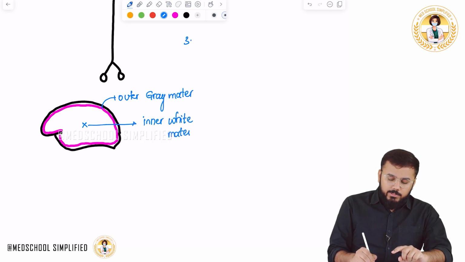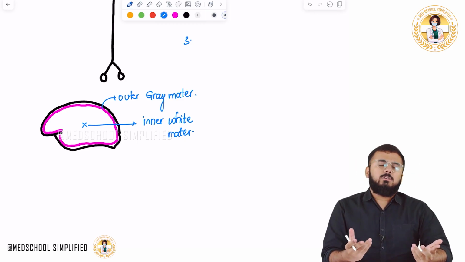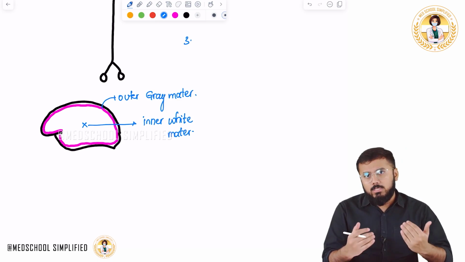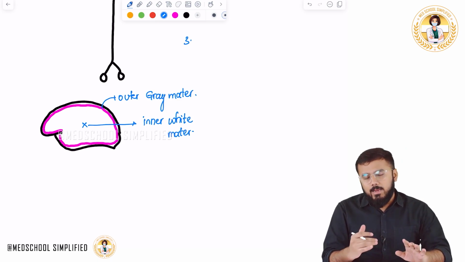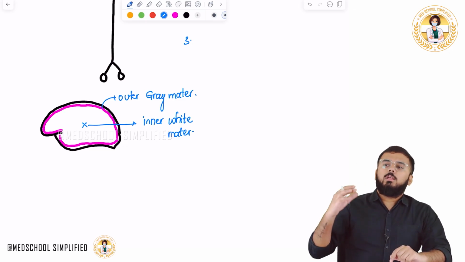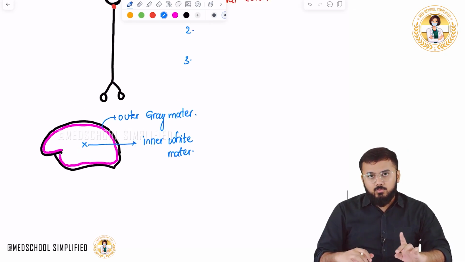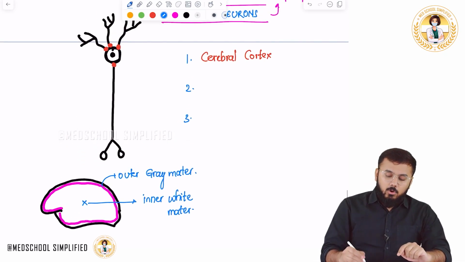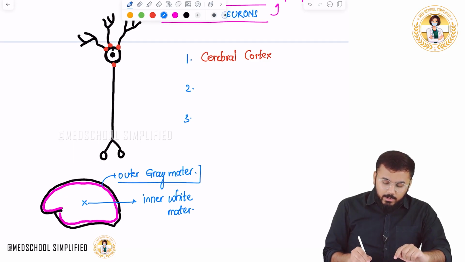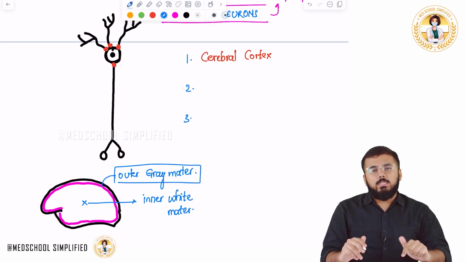Whether it is your cerebrum with the cerebral hemispheres or your cerebellum, in both of them it is the same: outer is gray matter and inner is white matter. So this outer gray matter part is called the cerebral cortex. The same thing goes for the cerebellum also.